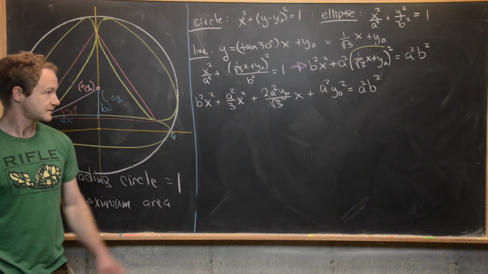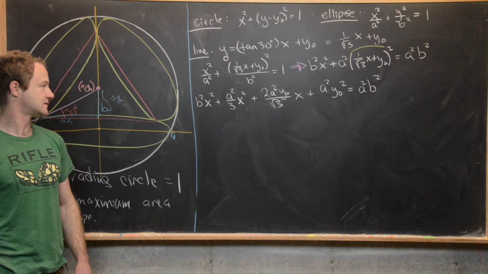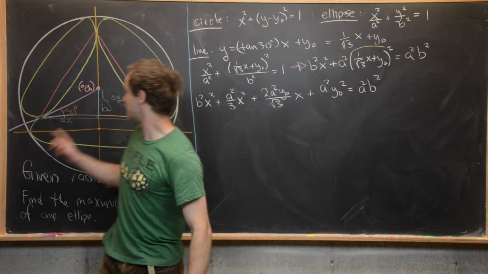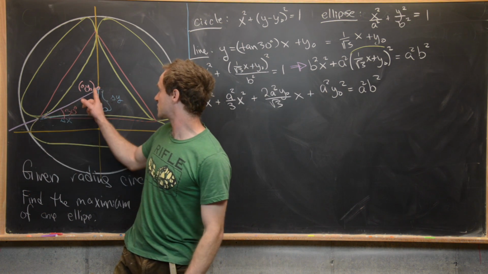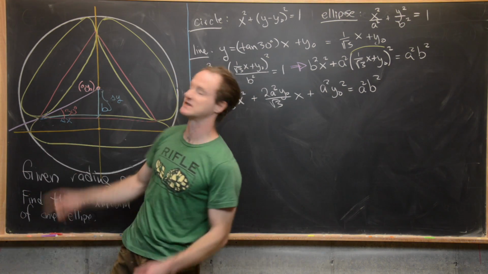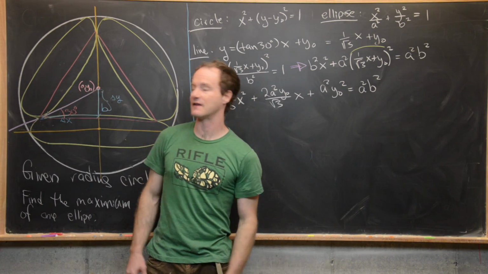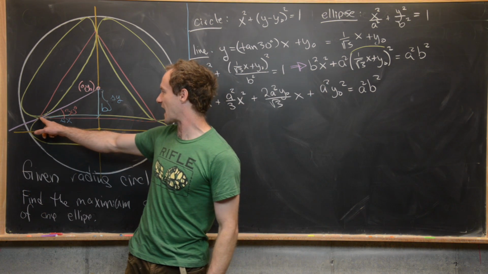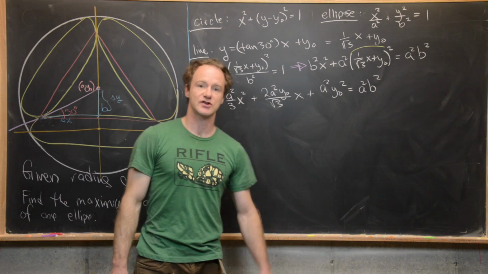Good. Now, if I look at this, I've got a quadratic equation in x, which is super helpful because that's going to help us find the x coordinate of this intersection of that tangent line with this ellipse. But in fact, we're not going to worry about finding that x coordinate. We're going to use the fact that there is only one such intersection point.